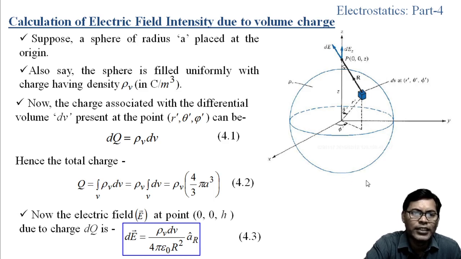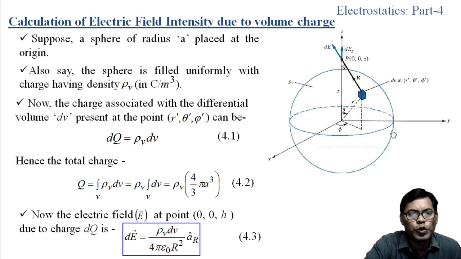For that, here we have considered a sphere which is having a radius a, and the center of the sphere is same as the origin of the Cartesian coordinate system, and this sphere is filled uniformly with the charge which have the density, charge density rho v in coulomb per meter cube.